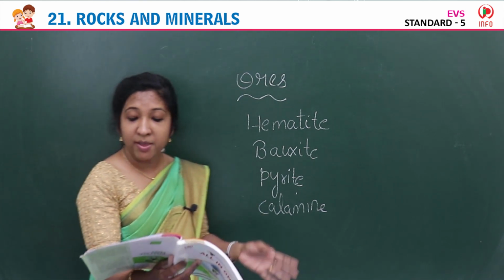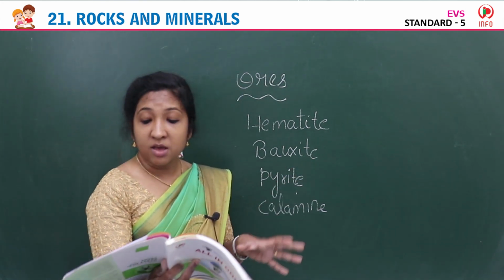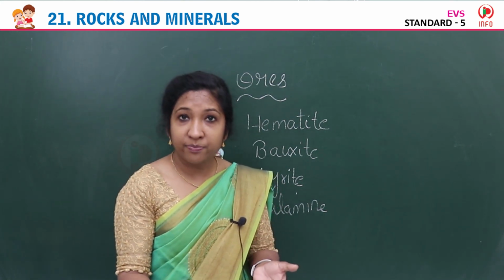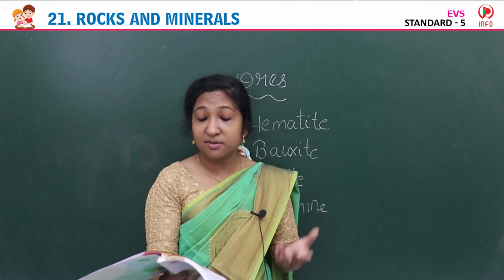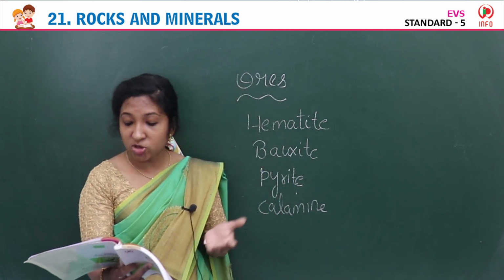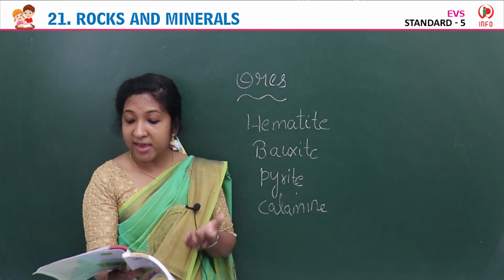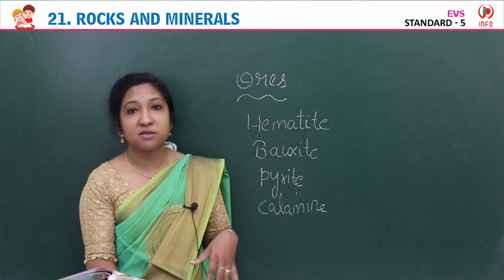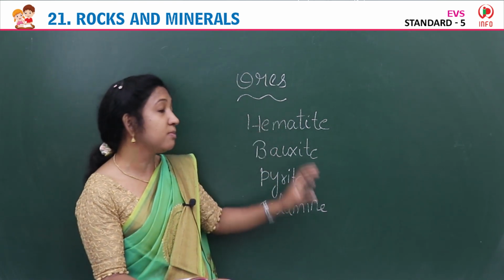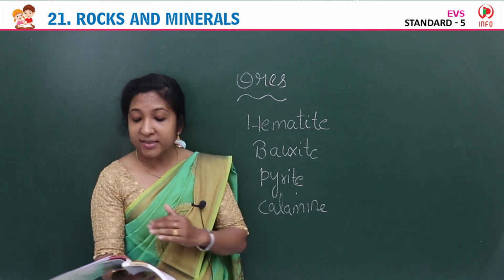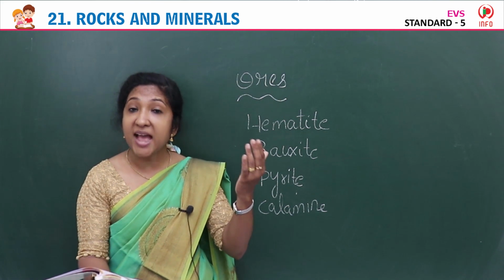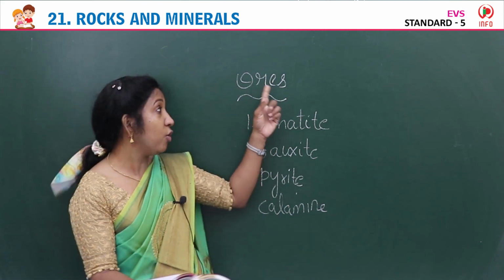We use these metals to make utensils, household articles, machines, furniture, wires, coins, rails, electric rails, aeroplanes, etc. So rocks contain metallic and non-metallic minerals, and they are called ores.